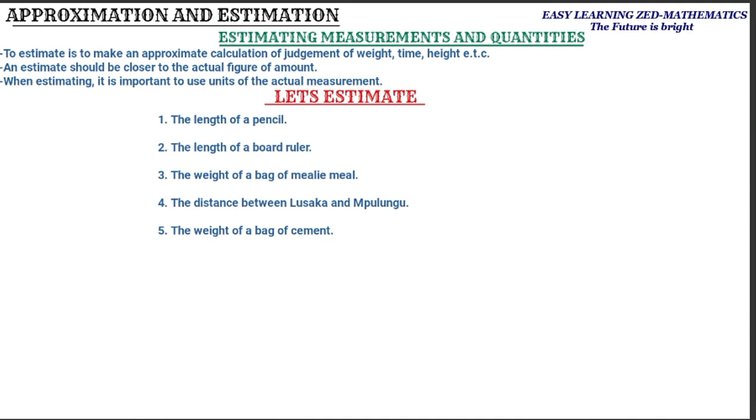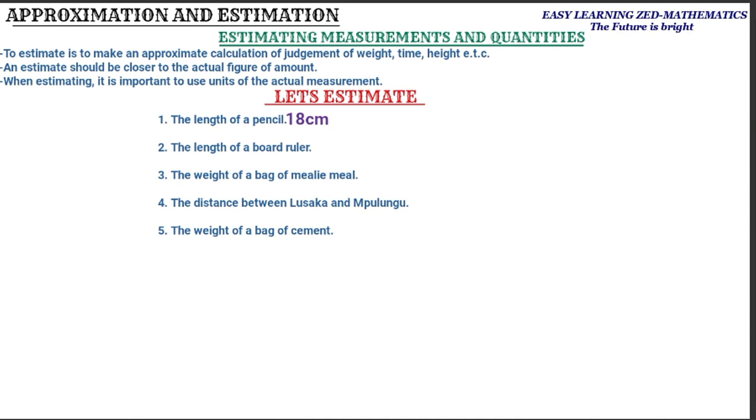What could be the length of the new pencil? When you look at the pencil and try to estimate, we may find that the length is around 18 centimeters, approximately. It might even be 20 or 15 centimeters, but that could be the approximate.